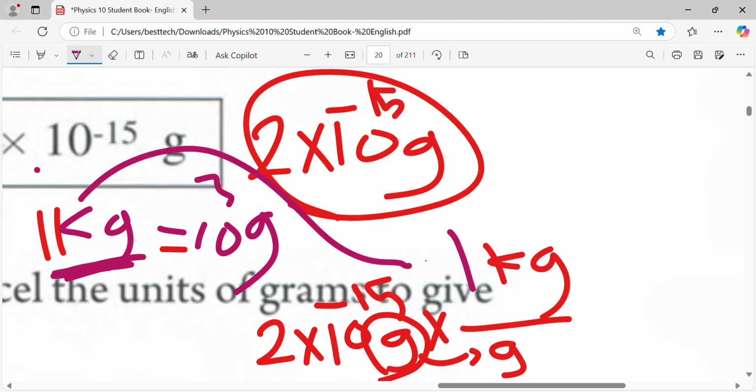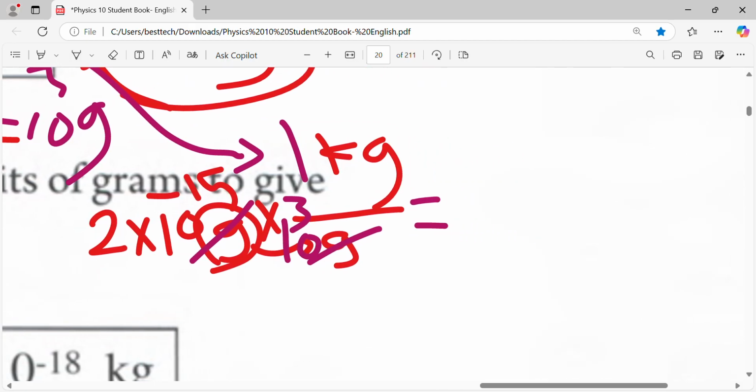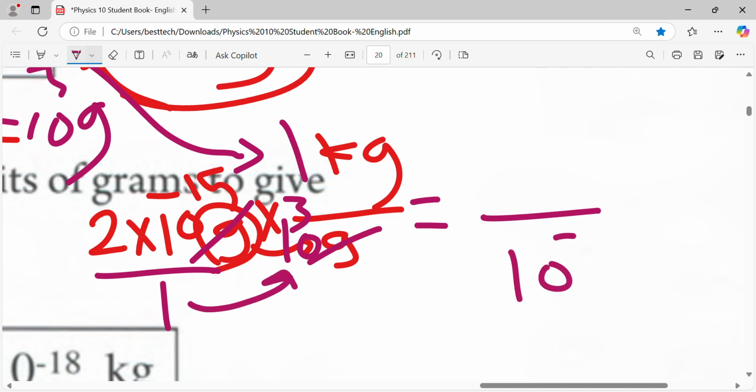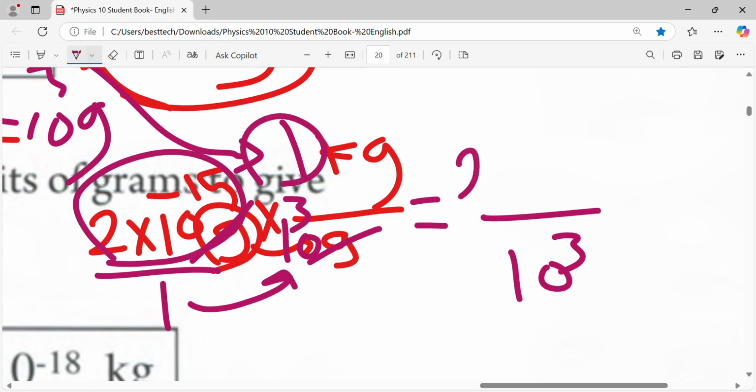Look, 1 kilogram equals 10 power 3, so you have to write here 10 power 3. So the gram with gram cancel. Guys, the down it's 1. Because now the 10 power 3 is coming down the fraction, make a line. 1 times 10 power 3 still 10 power 3. The up we have 2 times 10 power negative 15 times 1 still 2 times 10 power negative 15.